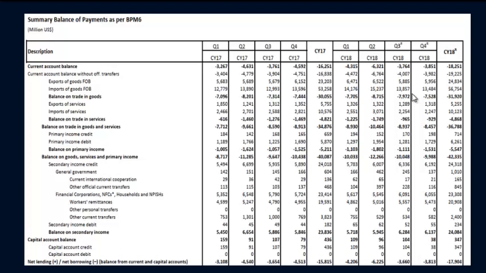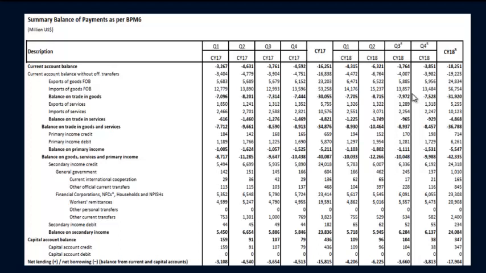Secondary income credit is about 24 billion. Now we are getting positives here. General government means that the government received $604 million from outside, which has international cooperation of 136 and other official current transfers of $468 million.